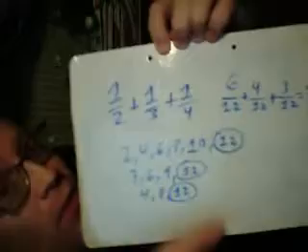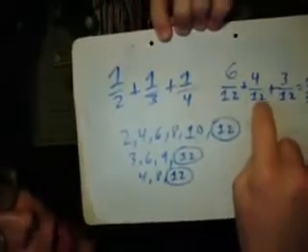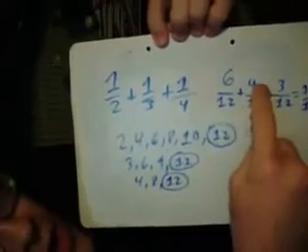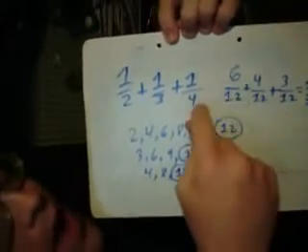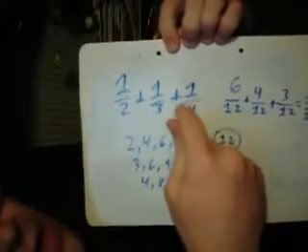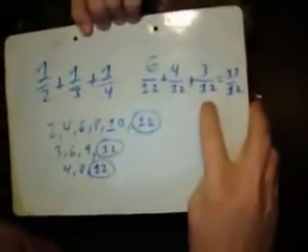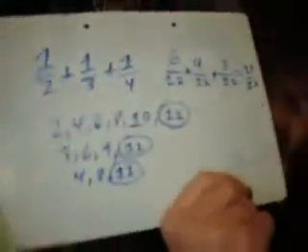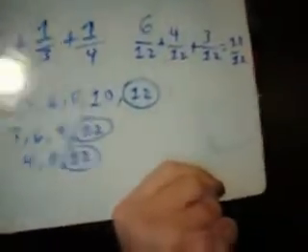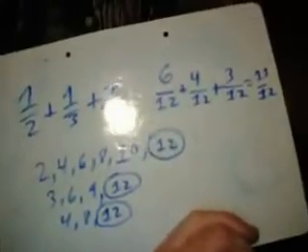If you multiply 1/3 by 4/4, you'll get 4/12. And if you take 1/4 times 3 over 3, you will get 3 over 12. So now you have a math problem of 6/12 plus 4/12 plus 3/12.